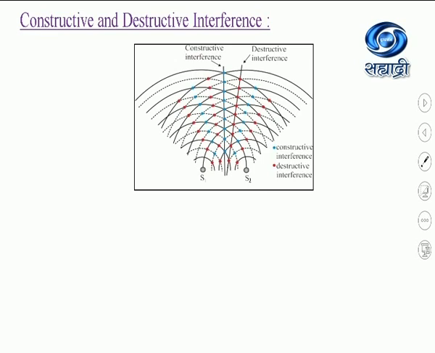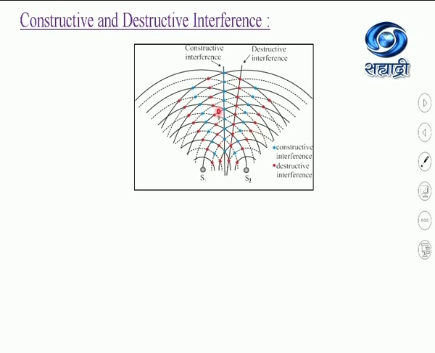That is, at any given instant of time, two waves produced by the sources S1 and S2 have equal phases. These two sources produce the waves which travel in the form of crest and troughs. Crests are denoted by continuous curves and the troughs are denoted by dotted curves.